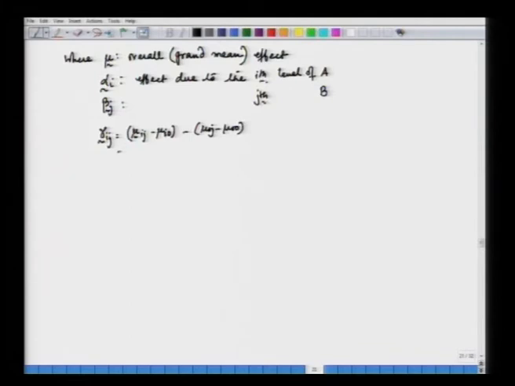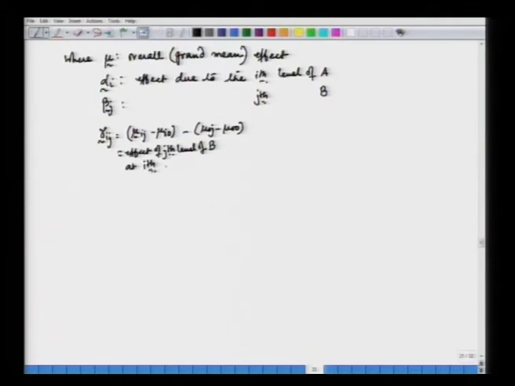Here you see i is fixed, and I am taking out this mean effect from the j, from this mu ij. So, basically what remains is the effect of the jth level of B, but not overall, at a fixed i.